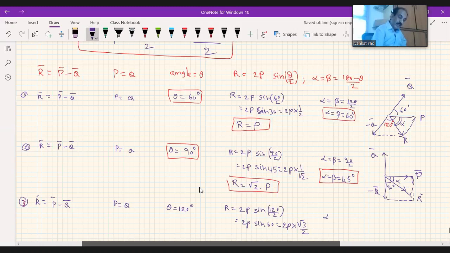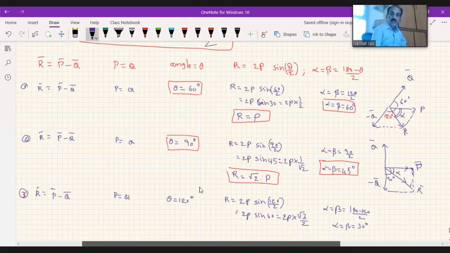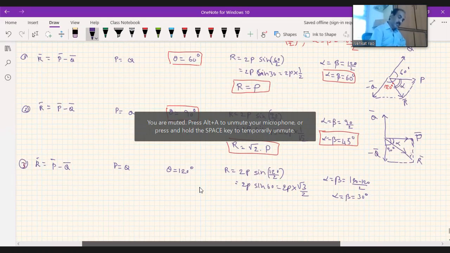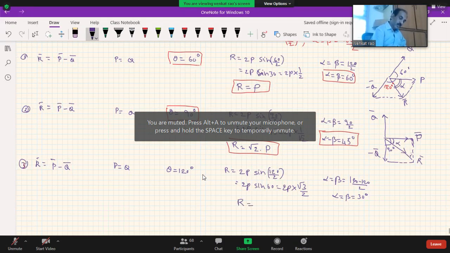Alpha equal to beta is 180 minus 120 by 2, alpha equal to beta is 30 degrees. R equal to root 3P.